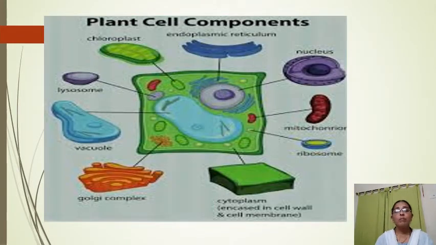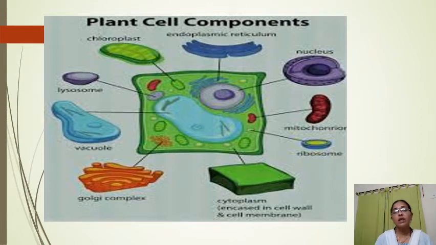So here are the components of the plant cell. What components do they have? The cell is filled with a jelly-like substance called cytoplasm. Then they have the nucleus, endoplasmic reticulum, chloroplast, lysosomes, vacuoles, Golgi complex, and ribosomes.